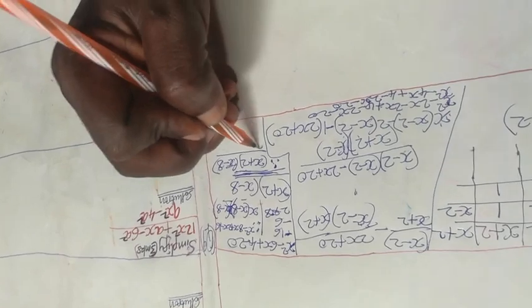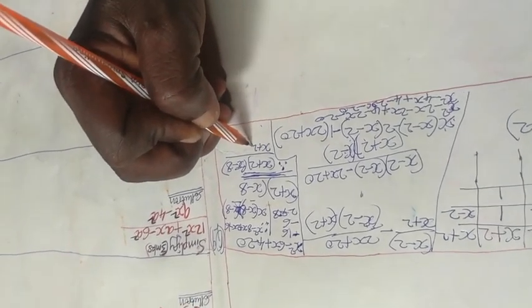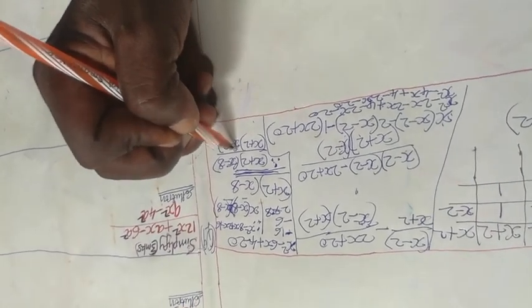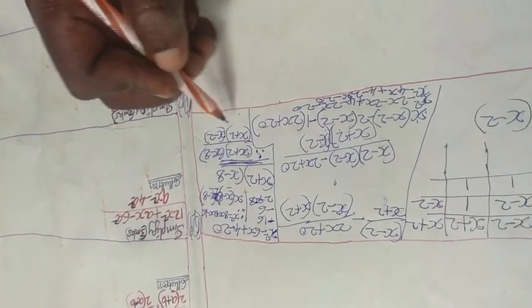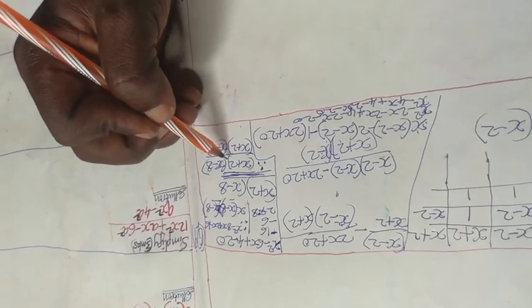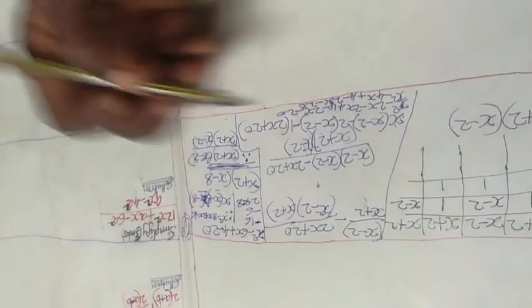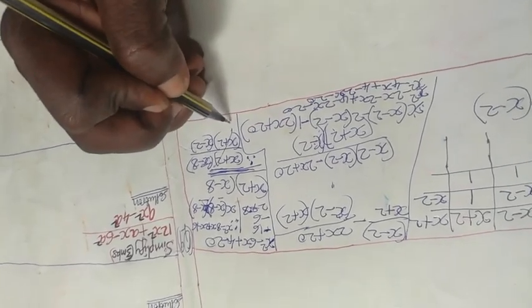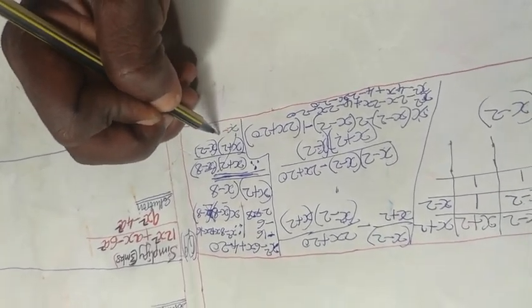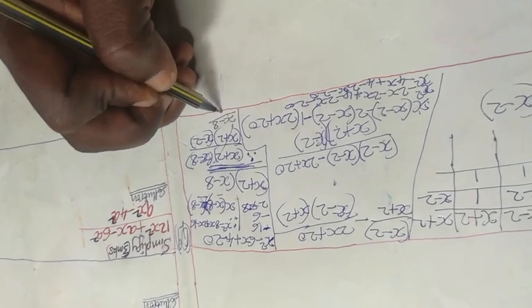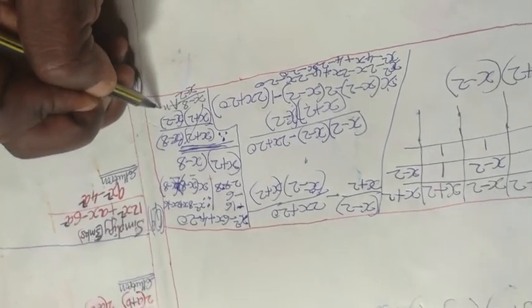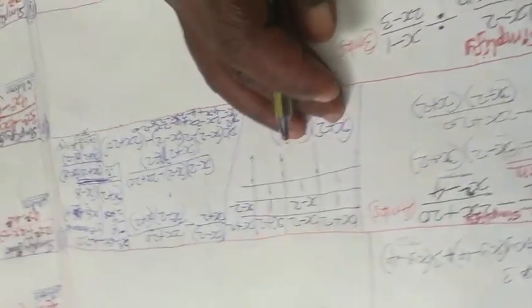This will give us x plus 2 into brackets x minus 2. If you cancel out x plus 2 here, we are remaining with x minus 8 all over 2x minus 2, and this is our final answer.